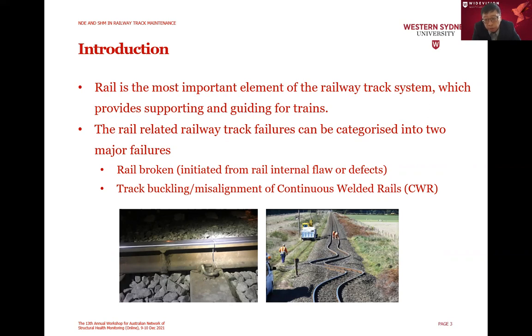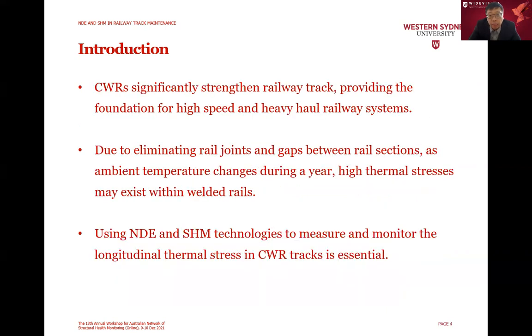You can see the rails look like noodles, just soft under the actual loading, which definitely causes catastrophic consequences. In this research, we focus on track buckling, which is basically caused by thermal stresses along the longitudinal direction. So that is really important.